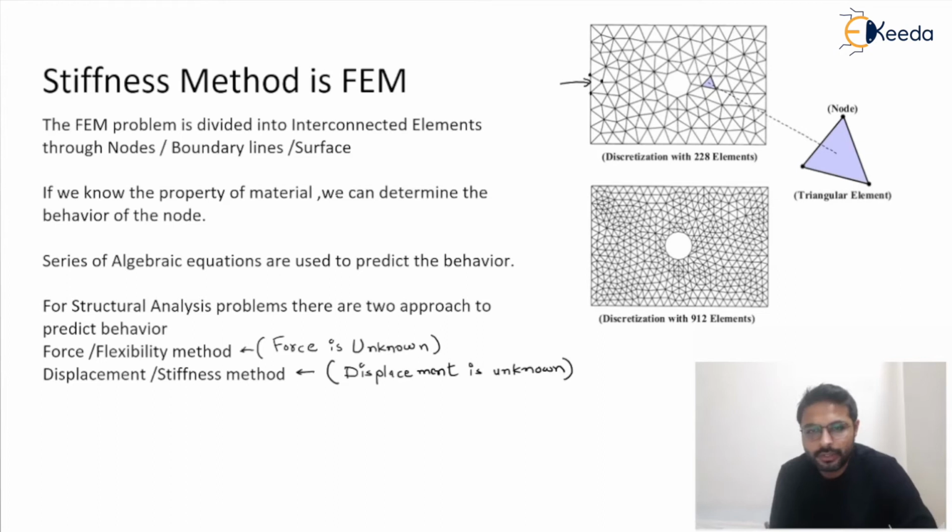From among these two methods, the simpler one for the formulation of equations from physical properties is this one. So we will opt for the displacement method, also known as the stiffness method, and this is today's topic, which is the element stiffness matrix. Let's understand this method in detail now.